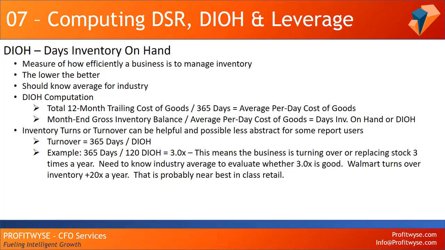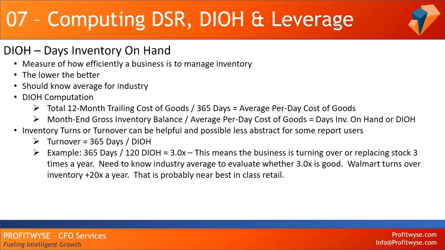As far as the inventory turns, that is just another calculation that you can make once you have your days of inventory on hand. And in this example, we have a DIOH of 120 days. So dividing 365 by 120, you get about 3.0x. And when I say x, I mean times.